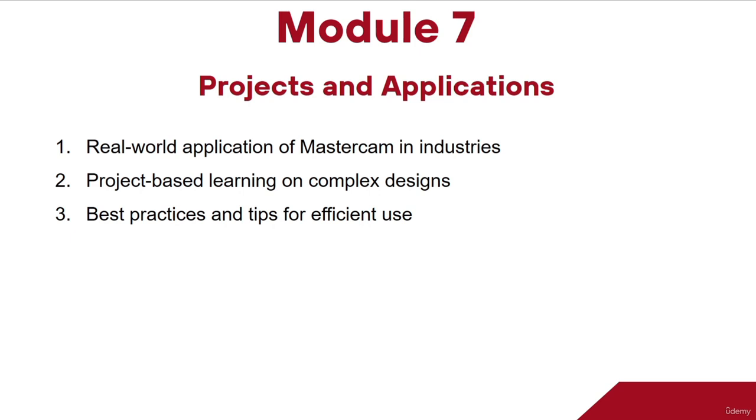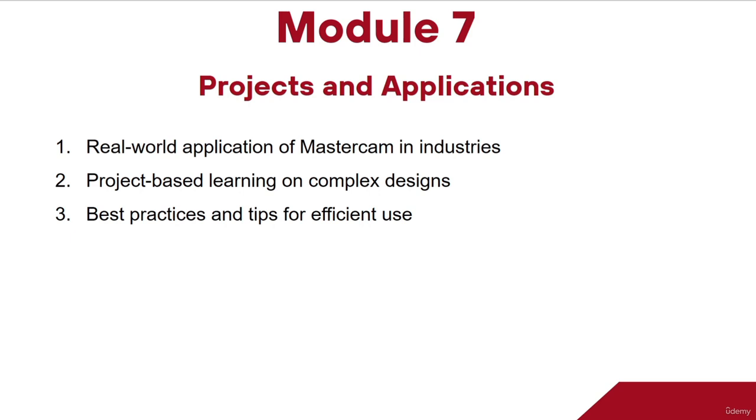In the 6th module, we discussed how we can create a simulation of all the things which we have learned in our previous videos. We create a tool, we create a toolpath, we make a backplot, we verify, and we create a simulation for our toolpaths, like the 2D toolpath and its simulation.